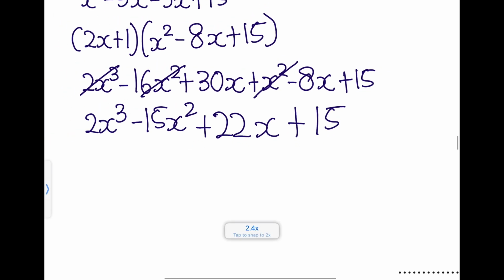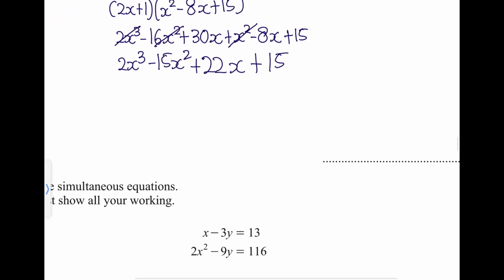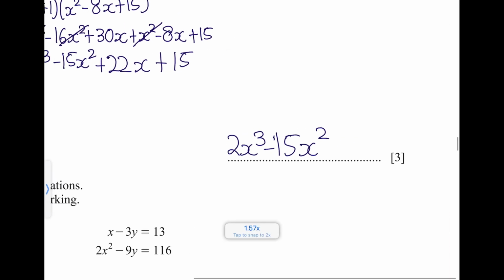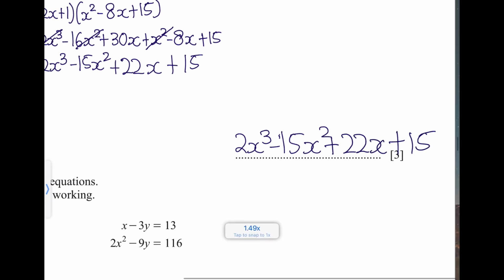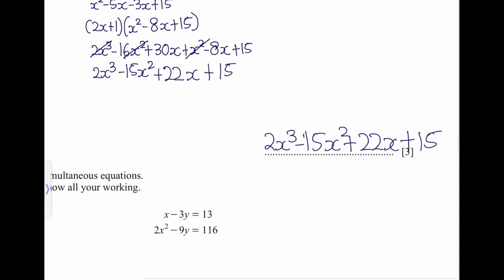Now when we check it, 2x cubed minus 15x squared plus 22x plus 15 should be correct as per my calculator. So this is 2x cubed minus 15x squared plus 22x plus 15.